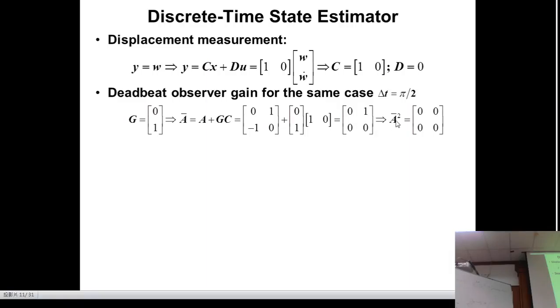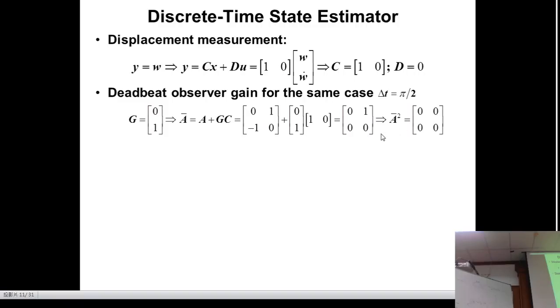My A bar square becomes 0, 0, 0, 0. That means the estimated state will converge to the true state in 2 steps.